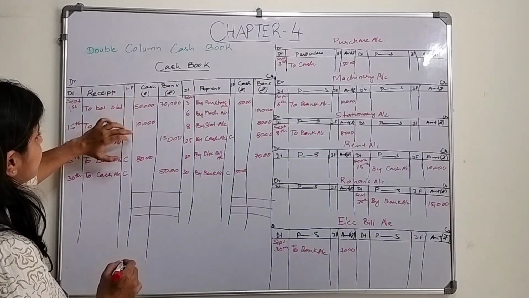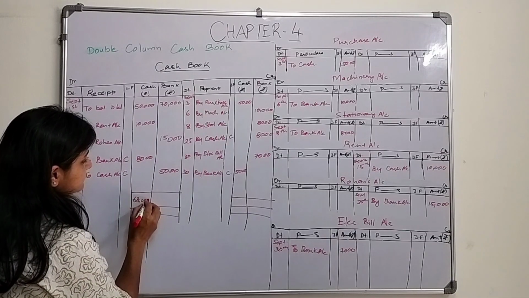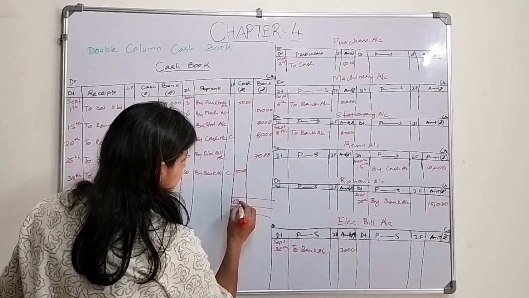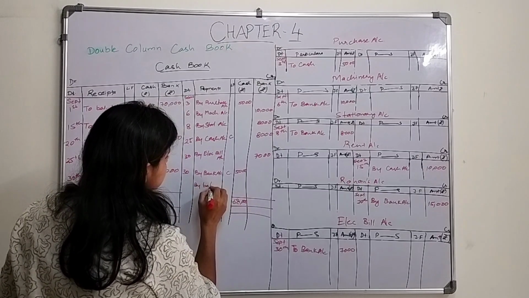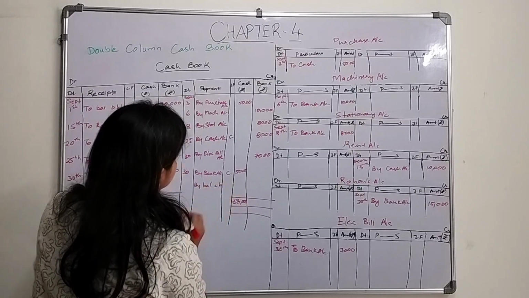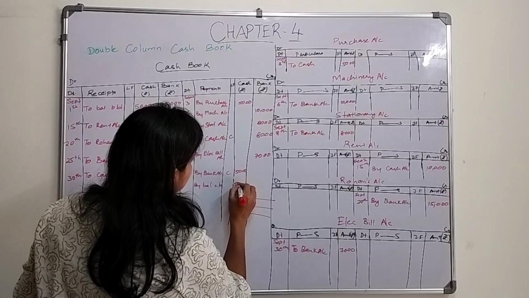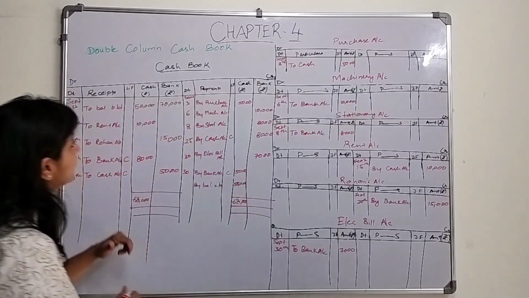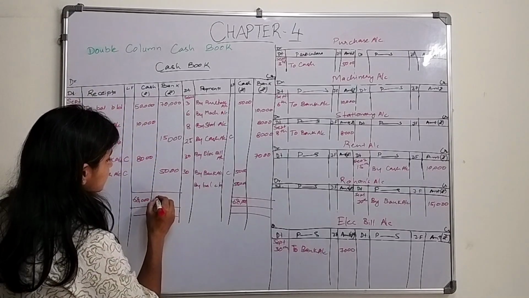Here it is 50, 10, 60 and 68,000 by balance carried down. 68 minus 10 is 58,000, right?